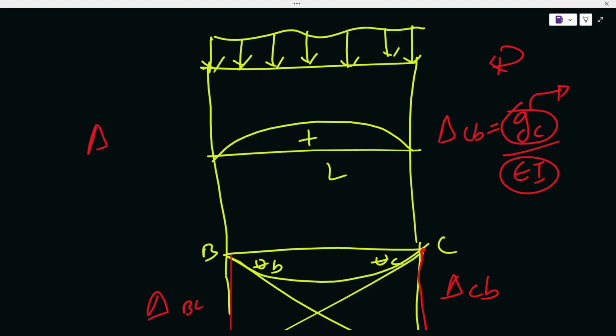Similarly for BC, GB over EI: to get GB, find the moment of area of the bending moment shape, whichever one you have, about B, divided by EI. EI came from the fact that this is not just a bending moment diagram, but a bending moment over EI diagram.